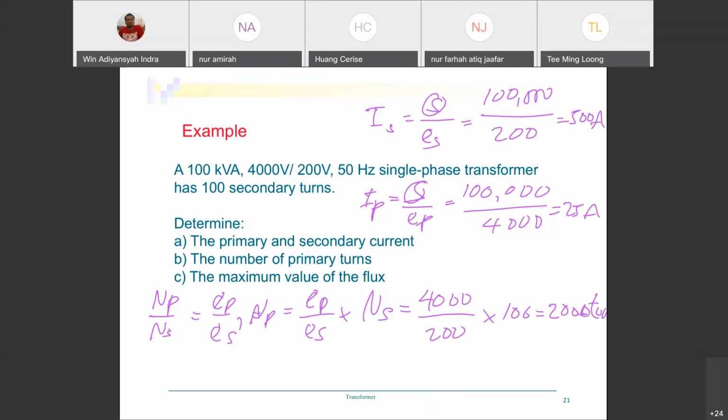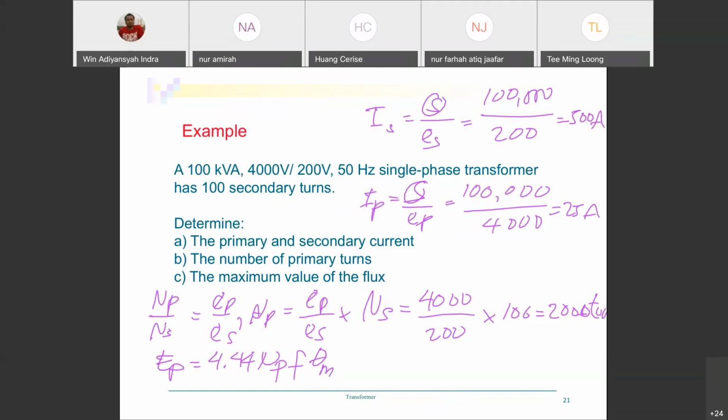C, maximum value of the flux. If we check the slide, the formula for maximum value of the flux: capital EP equal to 4.44 NP F phi maximum.